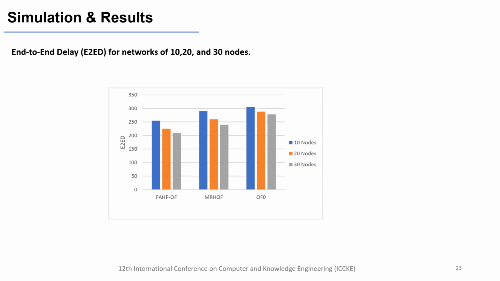Here, as we can see for FAHP-OF for the scenario with 10 nodes, in all three groups, end-to-end delay is much less for FAHP-OF.